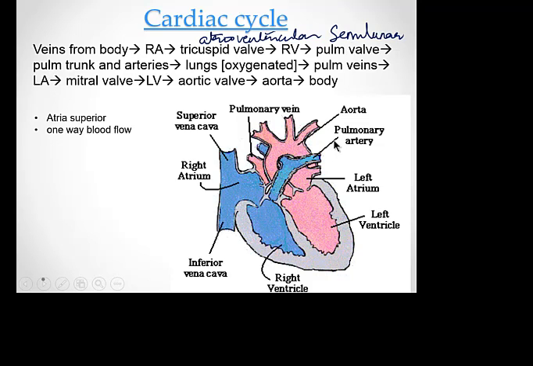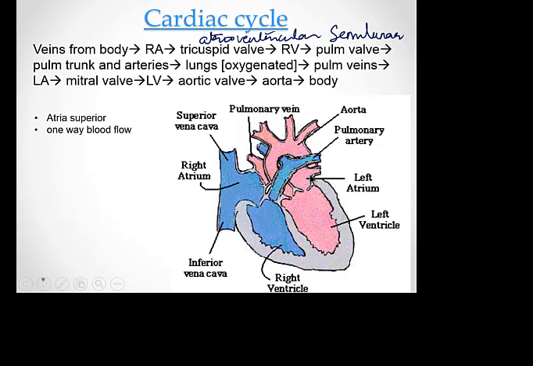From the lungs, pulmonary veins bring blood back into the left atrium. Remember, atria receive blood and veins bring the blood. So pulmonary veins from the lungs bring blood into the left atrium, and there's a bit of a difference here.